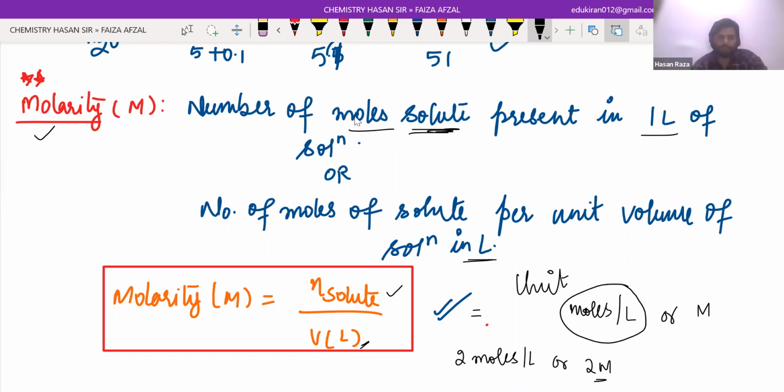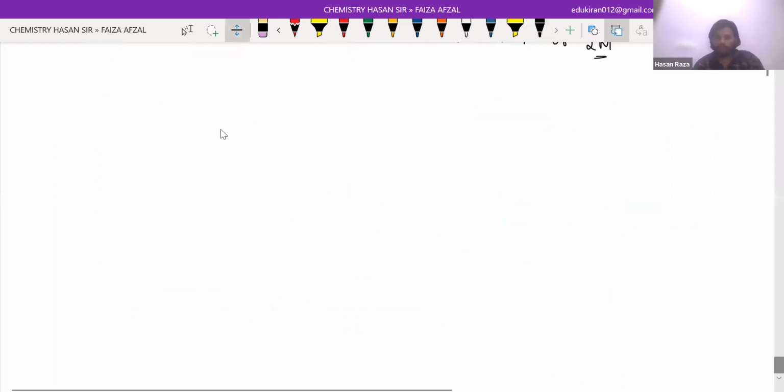Now, you know how to calculate the number of moles. So I'm going to directly give you a question, and there are a lot of questions that come on molarity, so we are going to discuss each one of them.